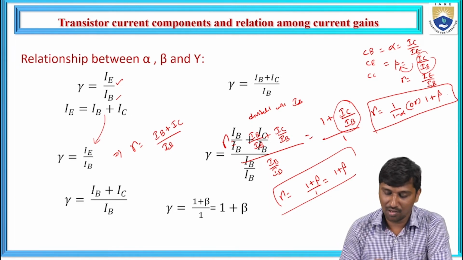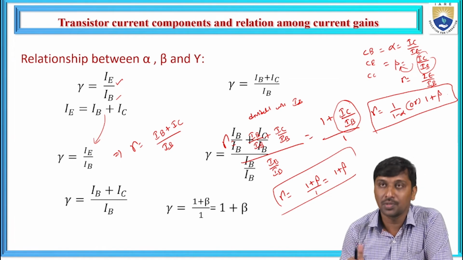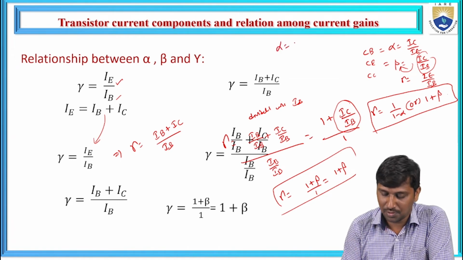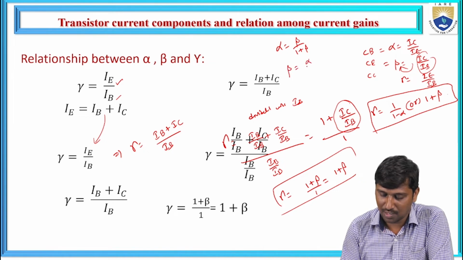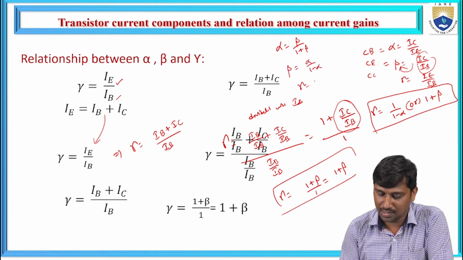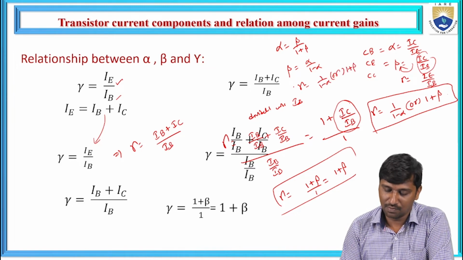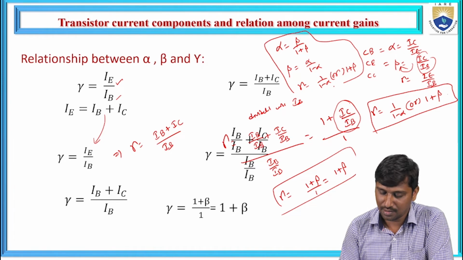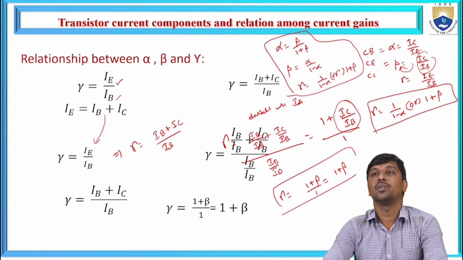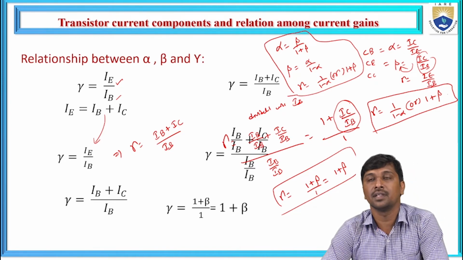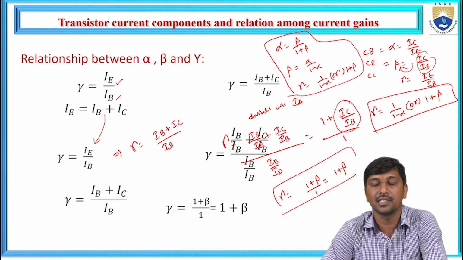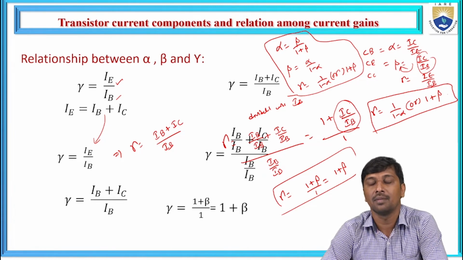From all these observations, alpha is equal to beta by (1 plus beta), beta is equal to alpha by (1 minus alpha), and gamma is equal to 1 by (1 minus alpha), or we can also write 1 plus beta. These are the three important relations between all three DC current gains from the common base, common emitter and common collector configurations.